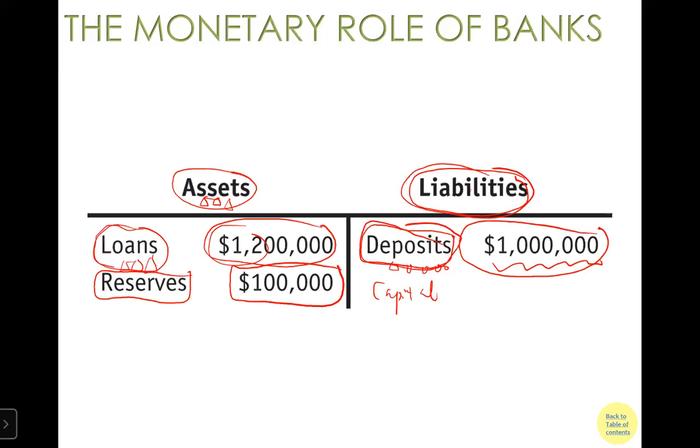This project turns sour, and this bank loses their money. Now the depositors come to knock on the bank door, asking to cash out, or to withdraw their money. And then the bank has no money because all the money went to this soured loan project.